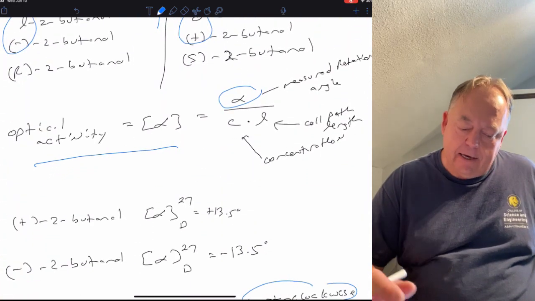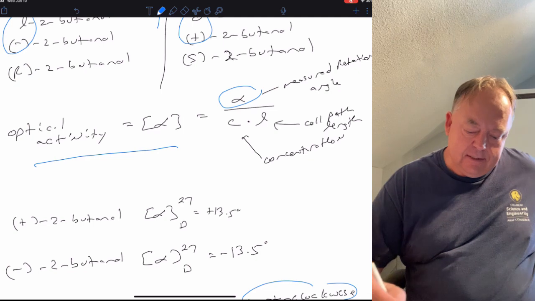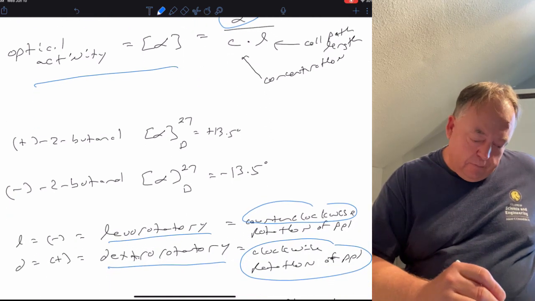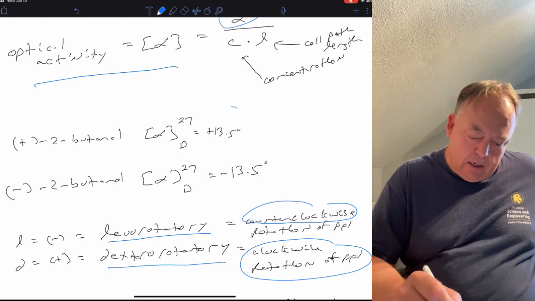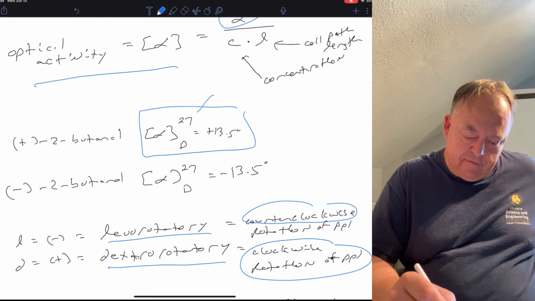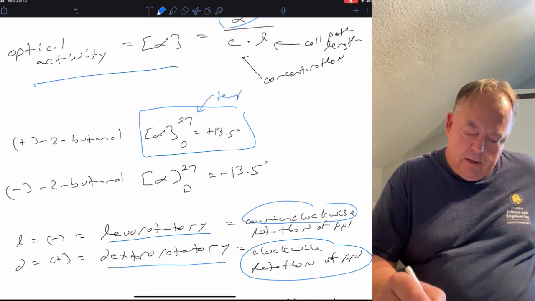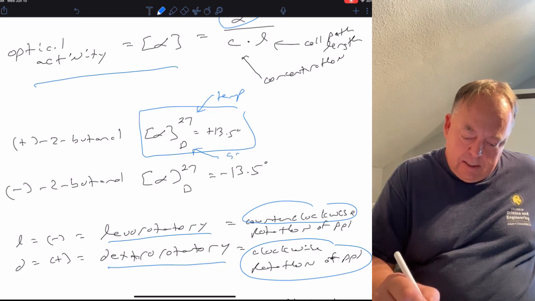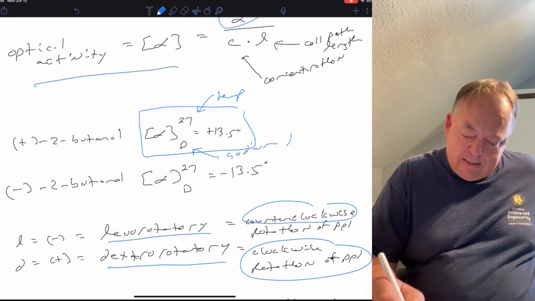So we're not going to do any calculations with optical activity in this class. You just should know how it's defined. So for our plus-2-butanol, for example, its optical activity would be reported like this. The 27 means the temperature, because optical activity is temperature dependent. D means that's the sodium D line, so that's the light source.